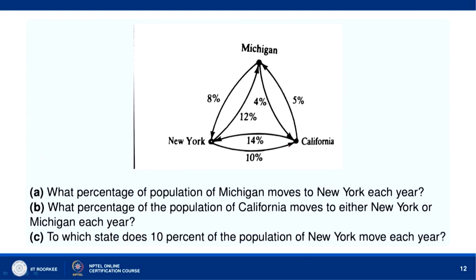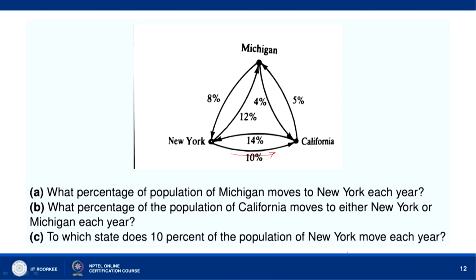This edge shows that 10% of the New York population immigrates to California each year, and 14% of the California population immigrates to New York each year. So, it is a labeled directed graph.